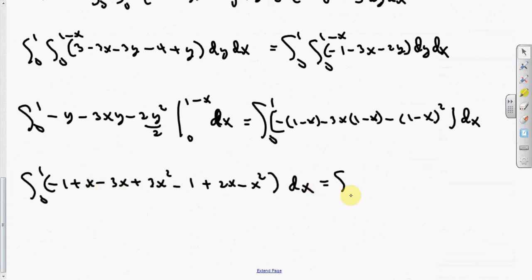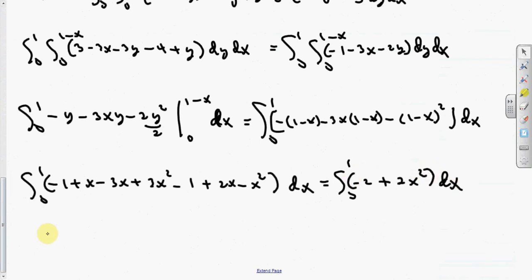See, we get the integral from 0 to 1. Negative 1 minus 1 is negative 2. x minus 3x is negative 2x, plus 2x there cancels out. So we have left here just plus 2x squared.